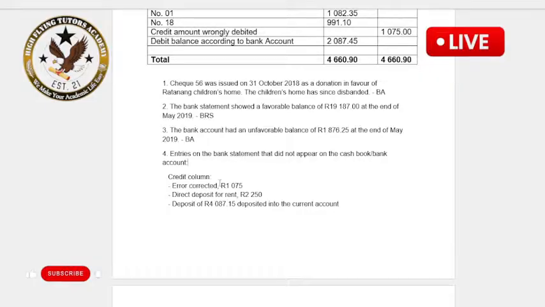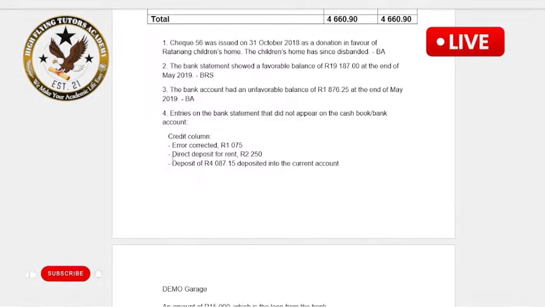And then bullet number 2, direct deposit for rent 2,250. What does it mean when they say direct deposit for rent? It means the customer or our tenants, which is our clients, has deposited money directly into the bank.